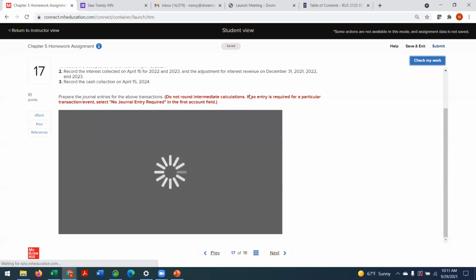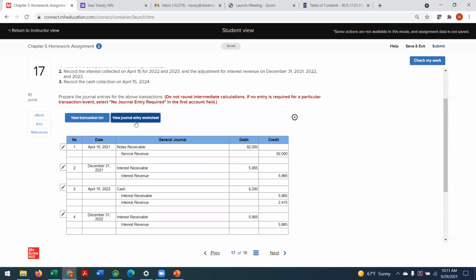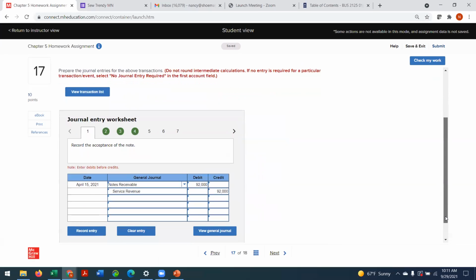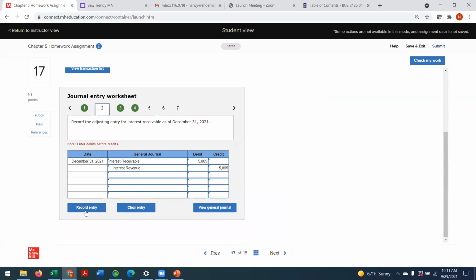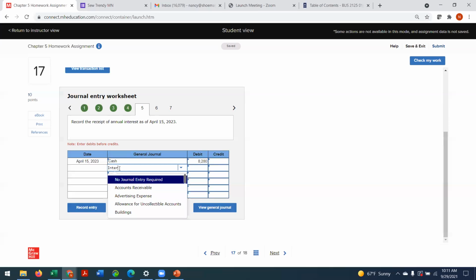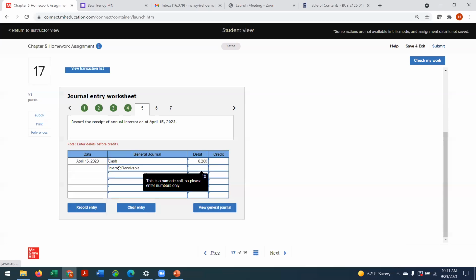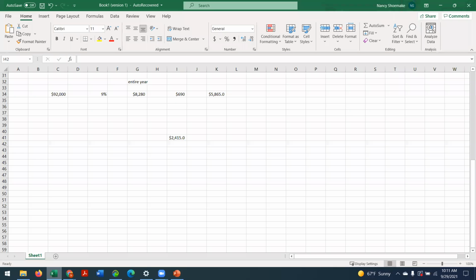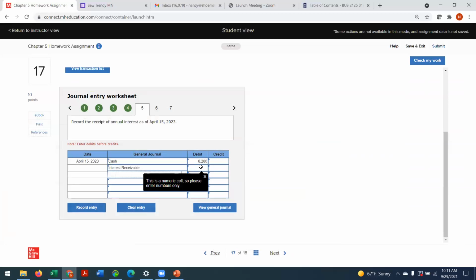Then we would show again the receipt of the annual interest would be our cash of 8280. We would have interest receivable, sorry guys, interest receivable 58.65.